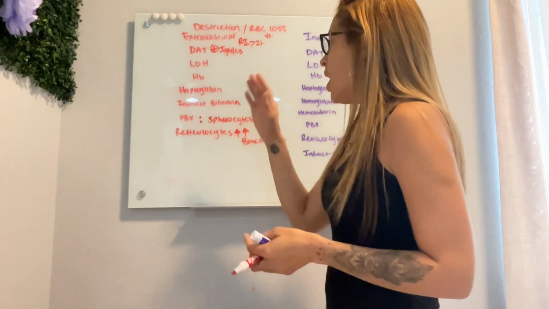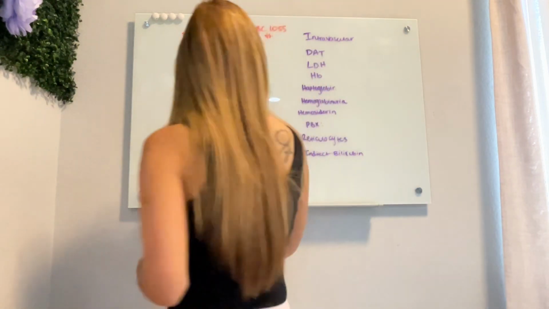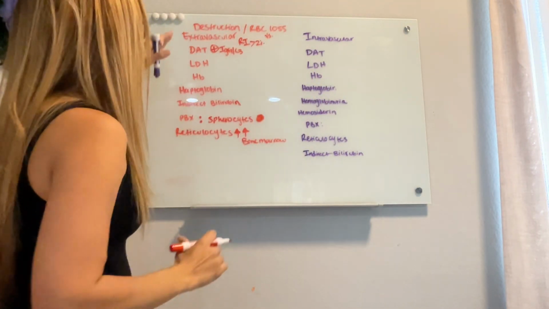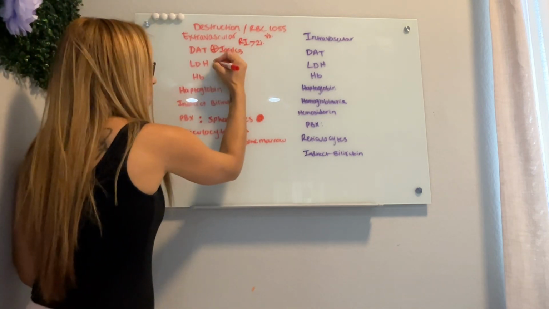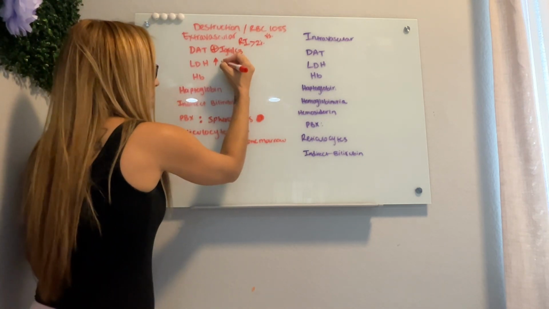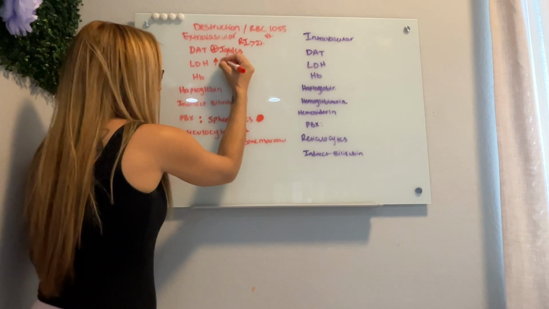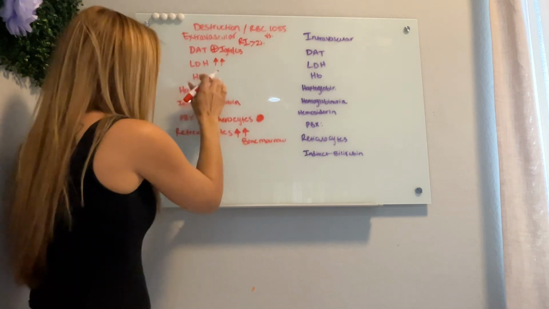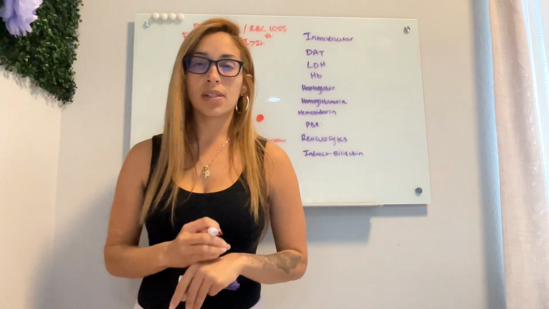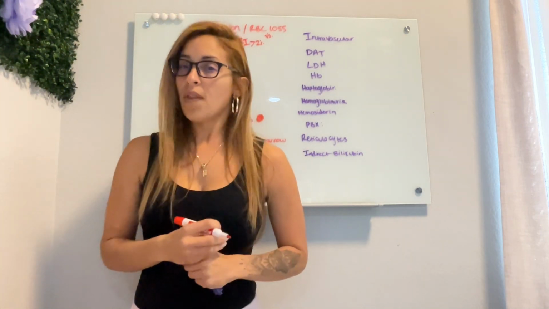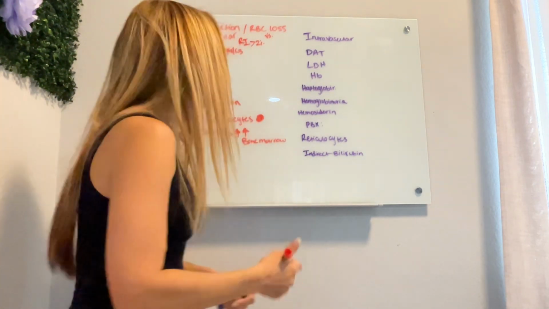And then, in addition to the destruction of the red blood cells, our LDH is going to be elevated because of the spillage, okay? Red blood cells are rich with LDH, and LDH is a sensitive marker for hemolysis. If LDH is elevated, then we're going to be looking for hemolysis, okay?